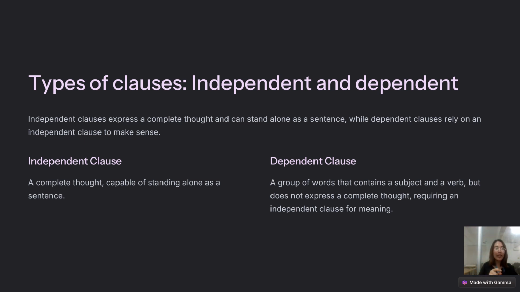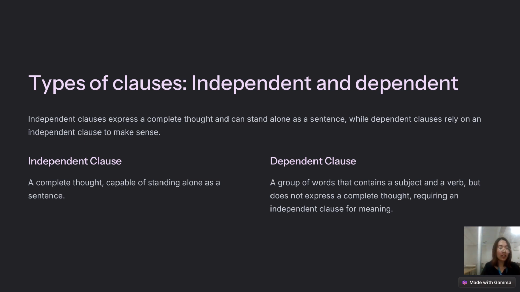So it cannot stand alone as a sentence, because it depends on what? An independent clause, in order to make sense. These dependent clauses often start with words like because, if, when, although, since, or while, which show a relationship to the noun or idea.